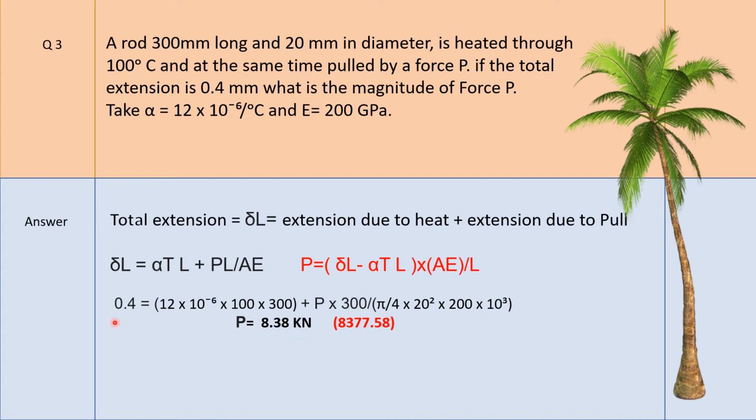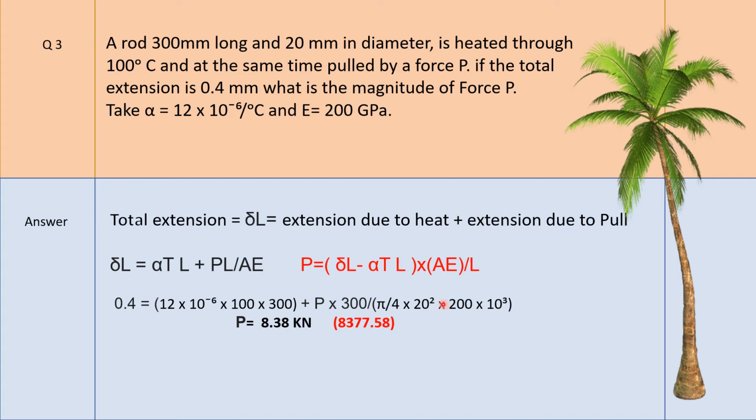Do it once again, start from here. 0.4 minus bracket open 12 exponential minus 6 into 100 into 300 bracket close is equal to, into bracket open shift pi divided by 4 into 20 x square button into 200 exponential 3 bracket close divided by 300 is equal to.